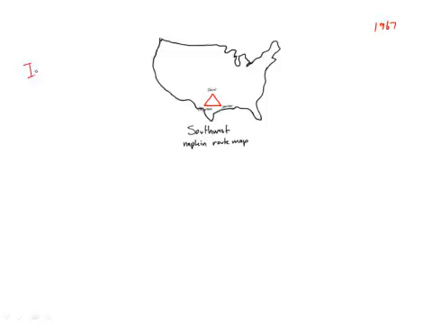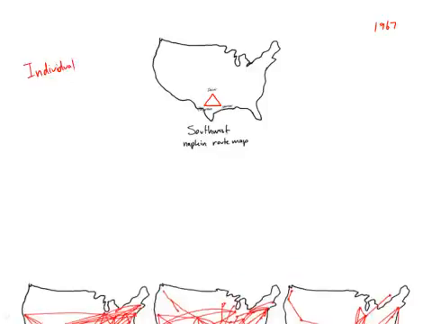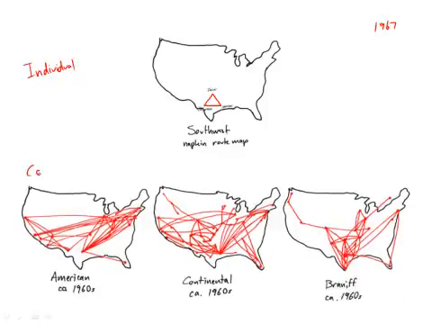That's an individual view, which is an intriguing idea, but it's only really an intriguing idea when we show it in comparison to the other airlines of the day. Back in that year, if you looked at American Airlines, because of their hub and spoke system, this is what their route map looked like. If you looked at Continental Airlines, this is what their route map looked like. If you looked at Braniff, a huge airline back in those days, this is what their route map looked like.